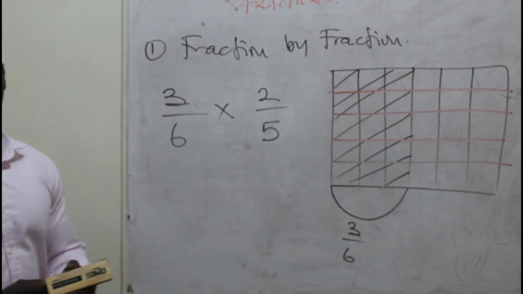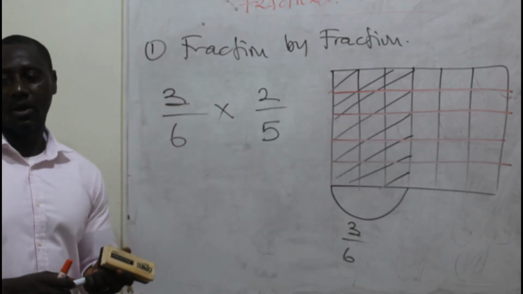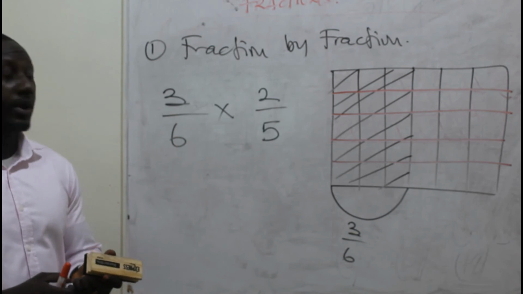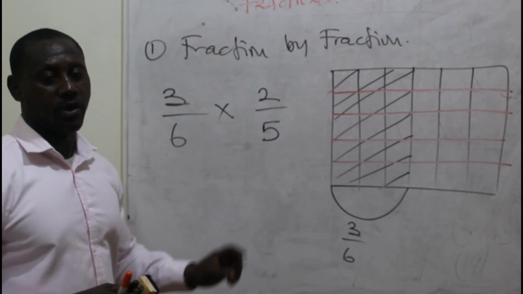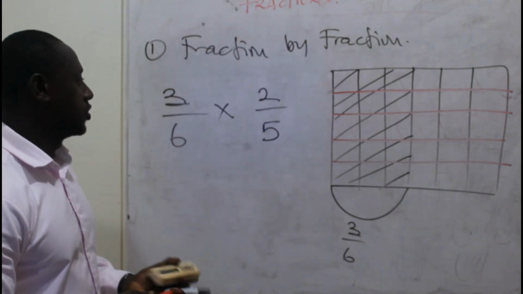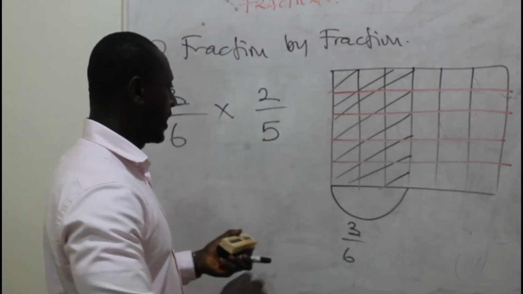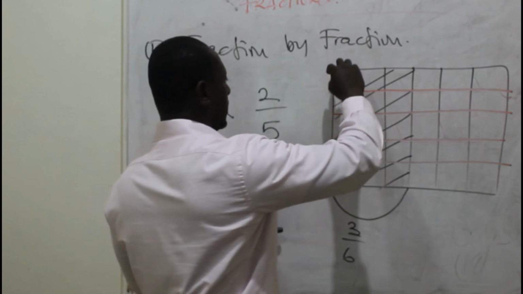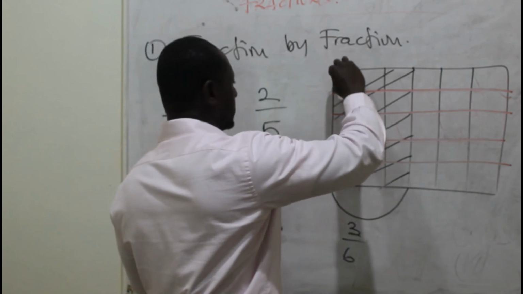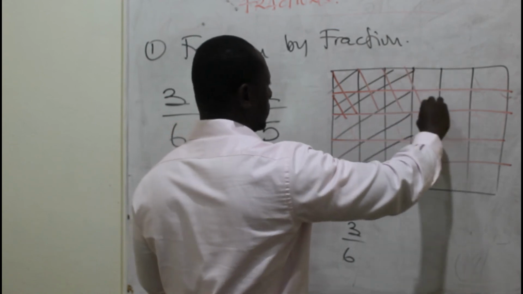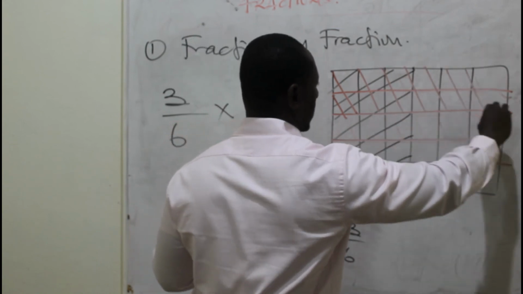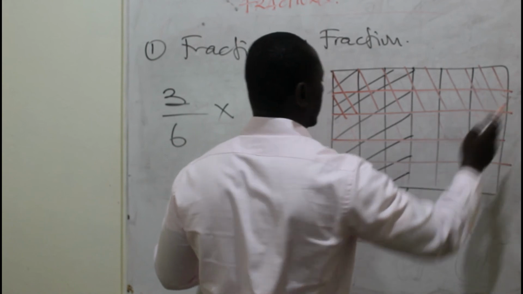So I've done that divisions too. How many of the portions are they going to shade? They are going to shade only 2, because the numerator is 2. Now let me use this red marker to do that. So I'm shading 2 here, shade 2 here, and that is it in this way.